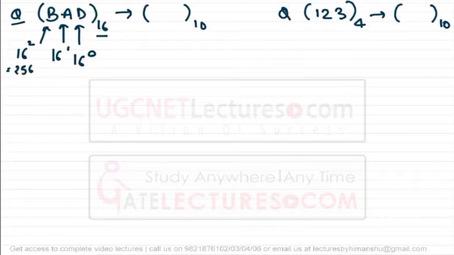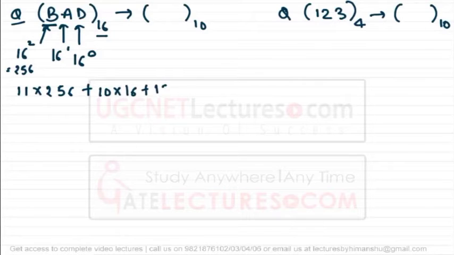And what does B represent in the hexadecimal system? We all know B represents 11. So the equivalent number is 11 into 256 plus A, which represents 10, into 16 plus D, which is 13, into 1. You can calculate this later. It comes out to be 2989.